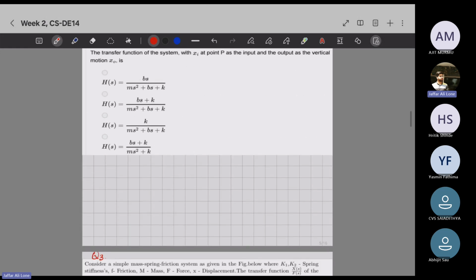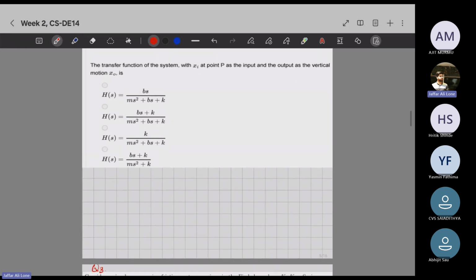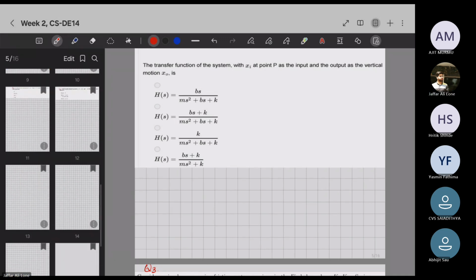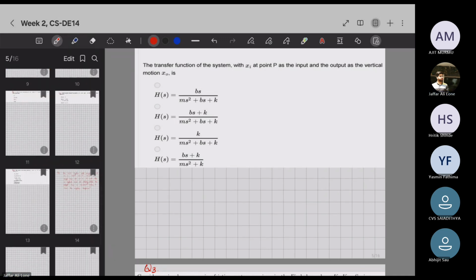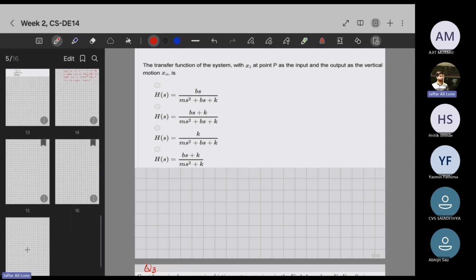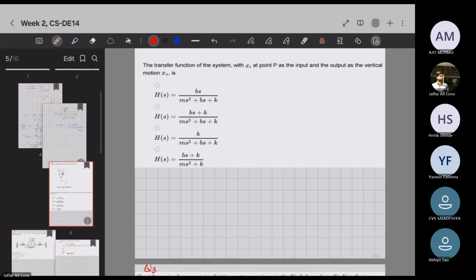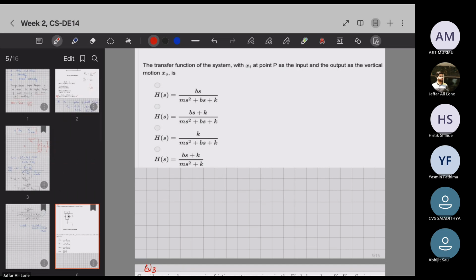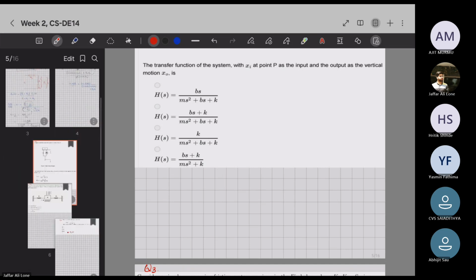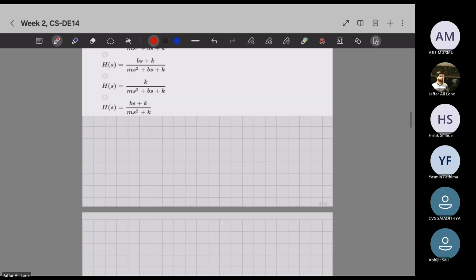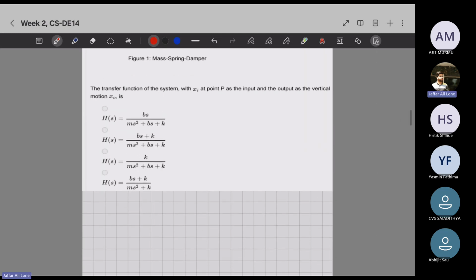Let's solve it first. I'll just take a fresh page. So let's try to solve it.